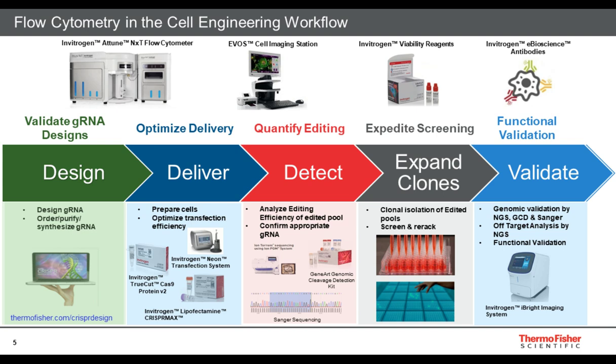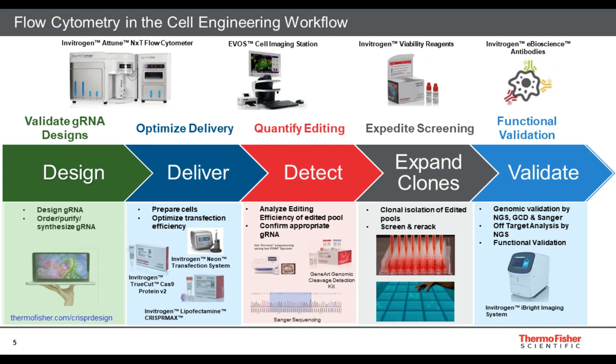From here, you now need to expand your clones. Depending on your application, quite often the end goal is to get a clonal population of an edited cell, in which case you'll need to go down to single clones and screen and re-rack these clones. And then the final step, of course, will be to validate, right?